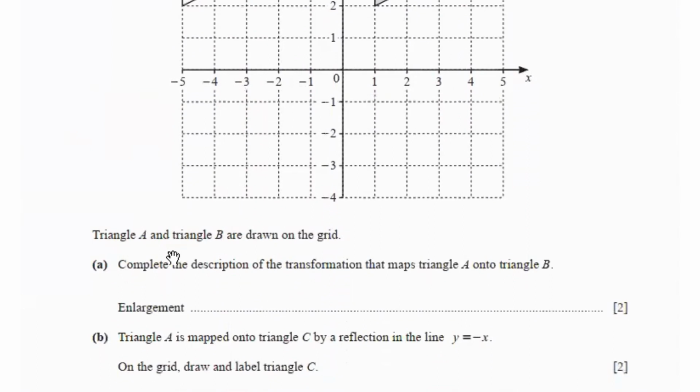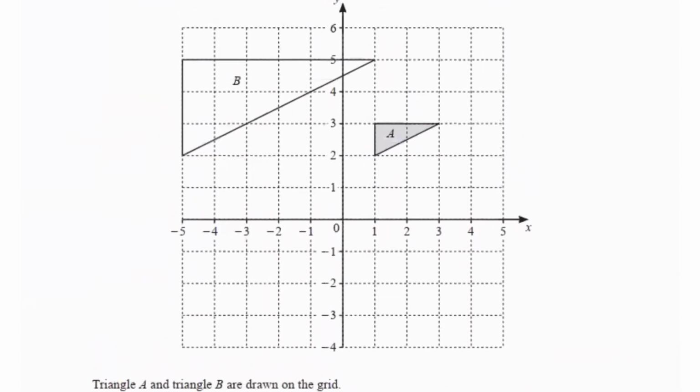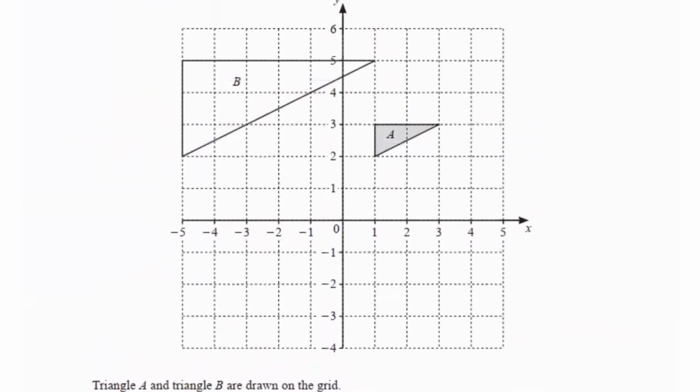Question 20 says triangle A and triangle B are drawn on the grid. Complete the description of the transformation that maps triangle A onto triangle B. So it's an enlargement, as you can see, and let's find the scale factor first. We know A is 2 and B is 6. So that means the scale factor is 3 because you're multiplying 2 by 3 to get 6.